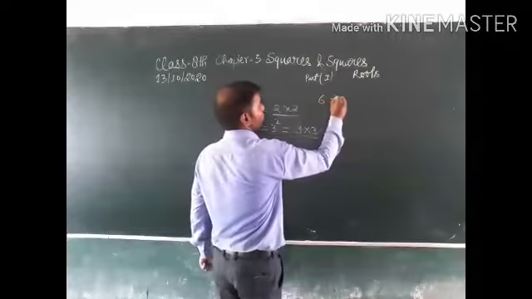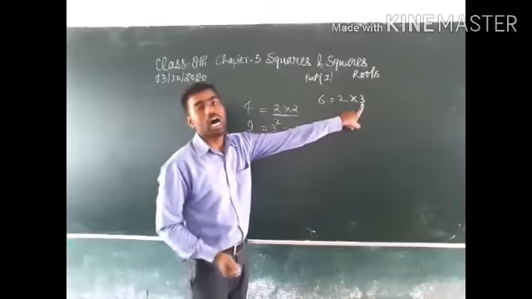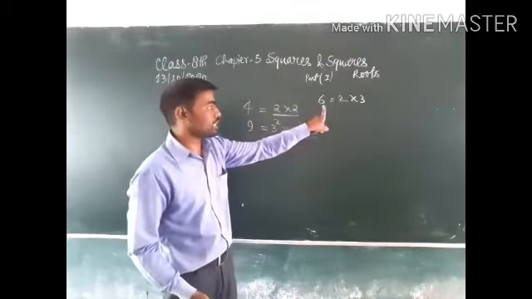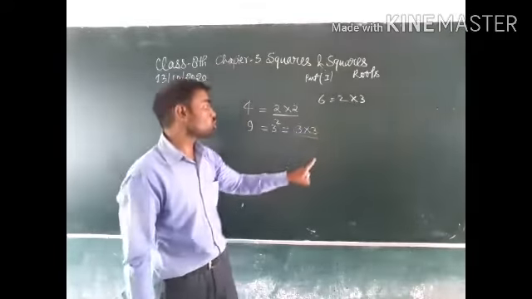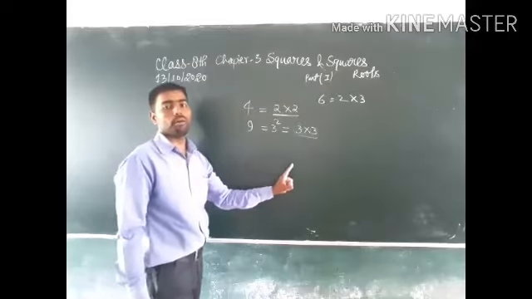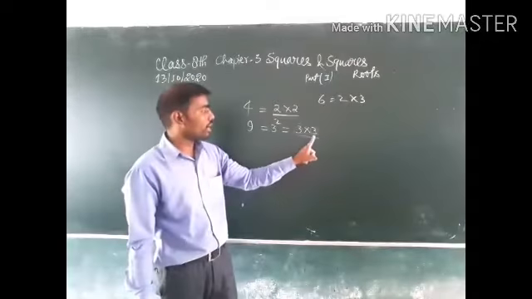Similarly, 6 is equal to 2 into 3. It means 2 and 3 are factors of 6. So a perfect square number is expressible as equal factors.